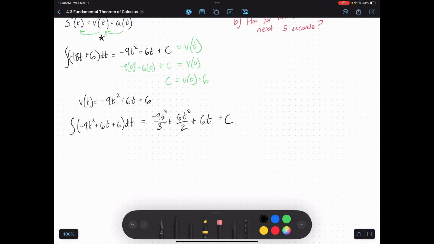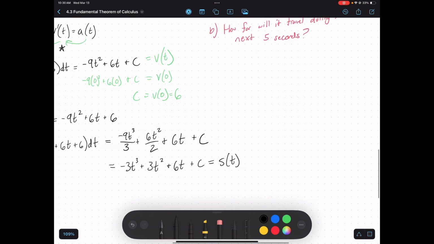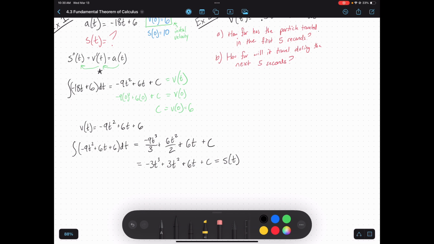When I take this antiderivative, I get a new arbitrary constant for this second antiderivative. Okay. And if I simplify this a little bit, negative 9 over 3 is just negative 3t cubed, plus 6 over 2 is just 3t squared, plus 6t, plus c. This represents my position function. But once again, since this is a family of antiderivatives, this could be an infinite number of position functions.